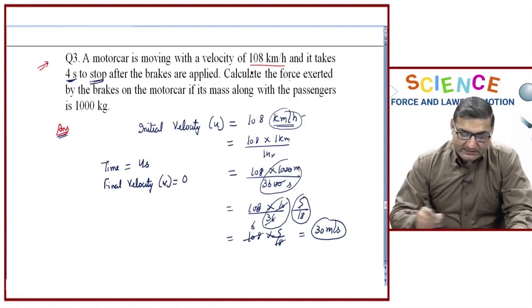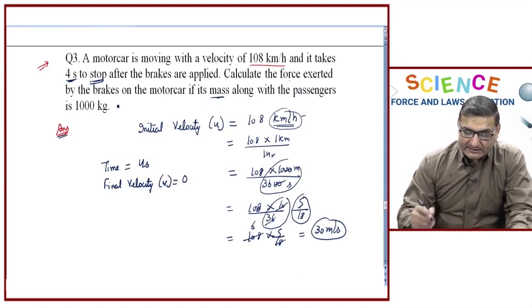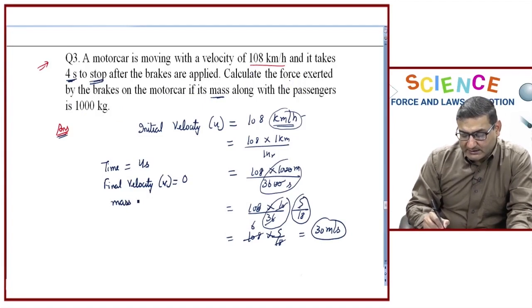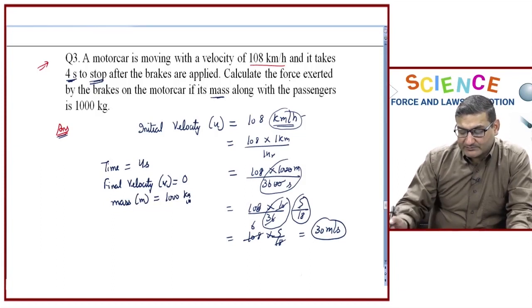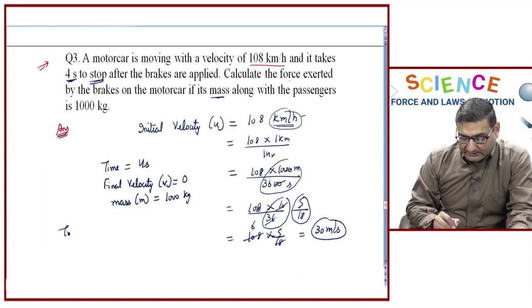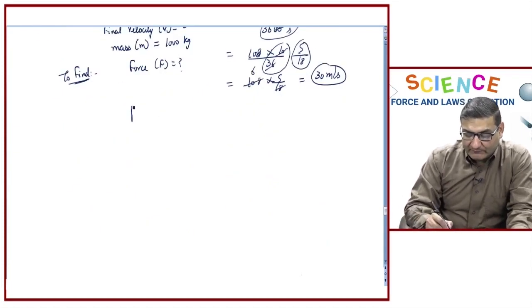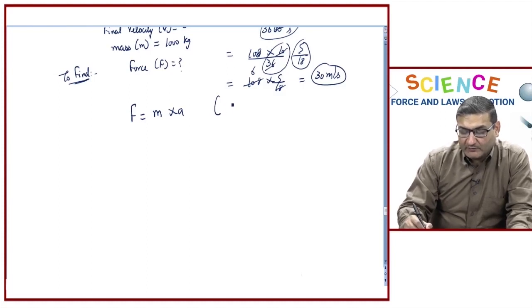Calculate the force exerted by the brakes on the motor car if its mass along with the passenger is 1000 kilograms. So mass is also given to us, equal to 1000 kilograms. We need to find the amount of force required. Now we know that force is equal to m into a. From where? From Newton's second law of motion.